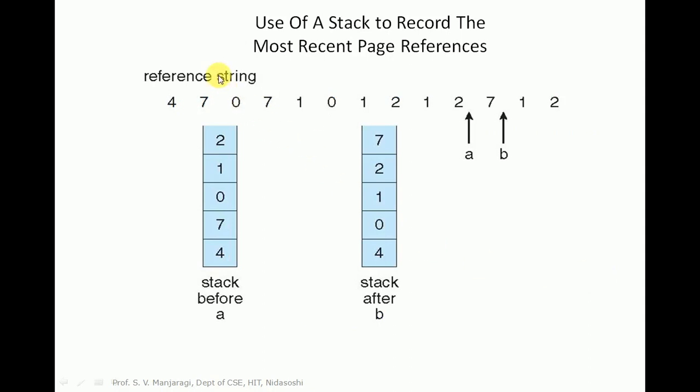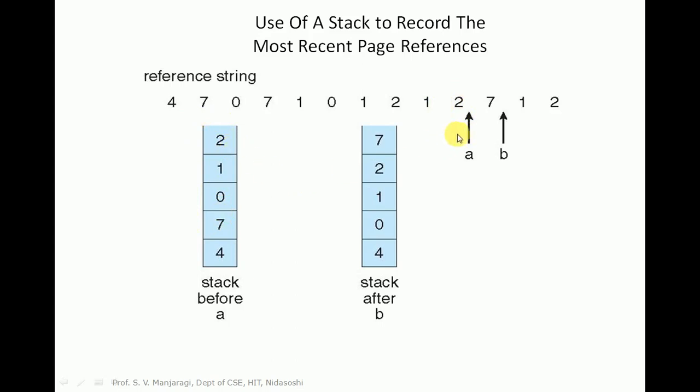Let us take a reference string here. So this is the content of the stack before A. After referencing 2, 2 has been moved to the top of the stack.